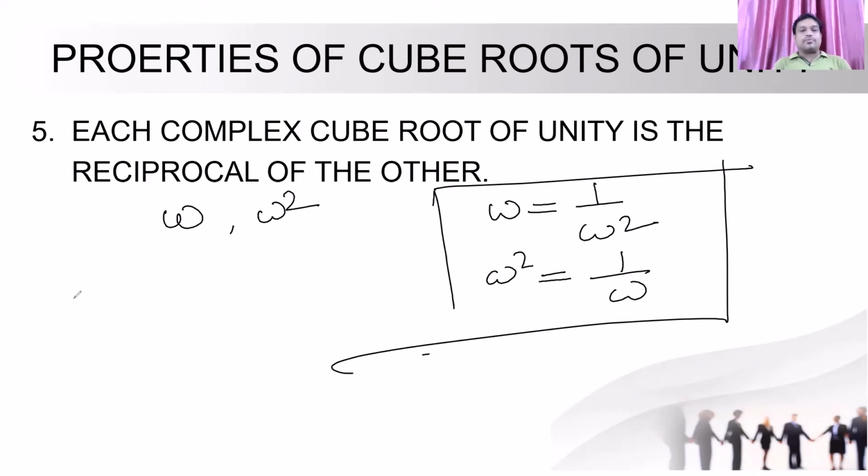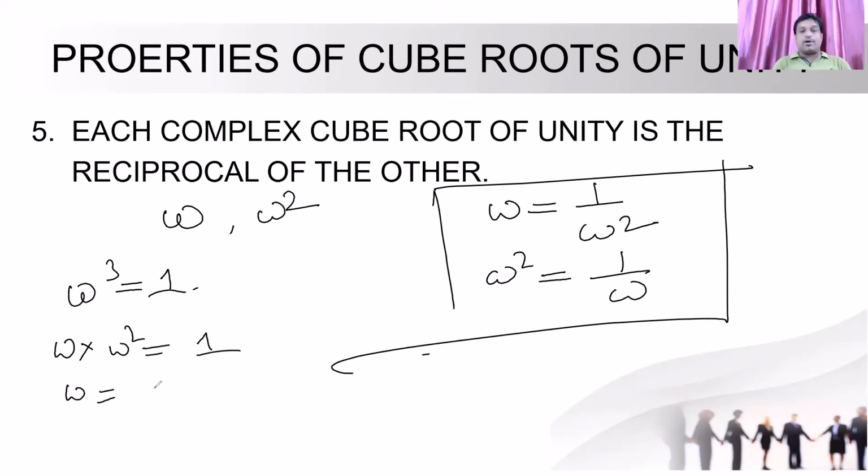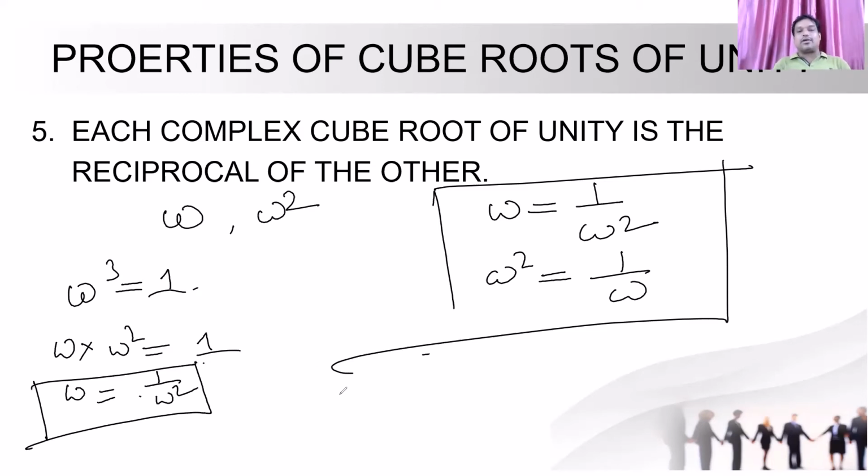Okay, so now see, omega cube equal to 1. Everyone knows it. Omega cube means what? Omega into omega square equal to 1. That means omega equal to what? 1 by omega square. Look now, one thing. And another value. If I write omega square, definitely 1 by omega.